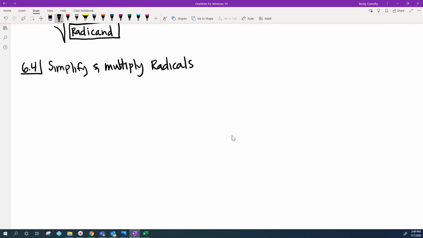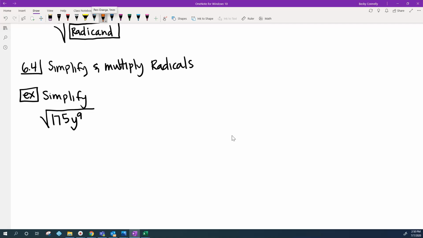So let's start off maybe looking at one like this. If it just says to simplify, and we are given the square root of 175 y to the 9th power, something like this.